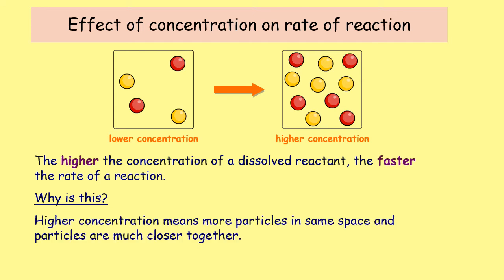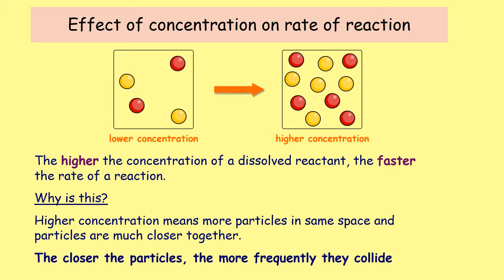Why is this? Well, a higher concentration means more particles in the same space and particles are much closer together. The closer the particles, the more frequently they collide. And as we remember from last time, in order for a reaction to happen, we need collisions and we need energy.